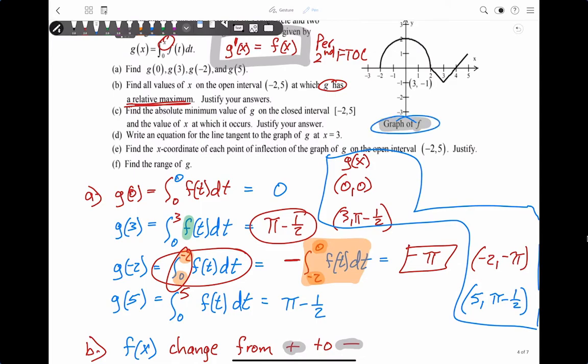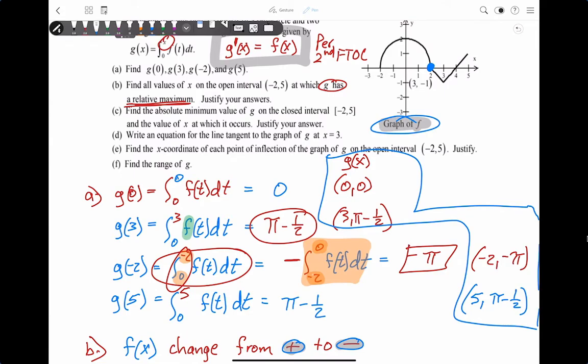So I do have an f of x graph, okay? F of t and f of x, it's an f graph, okay? And if I want to know when it's positive to negative, I want to know when does it cross the x-axis from a positive over to a negative. So this is going to occur here at 2, because that's when I go from above the x-axis to below the x-axis.